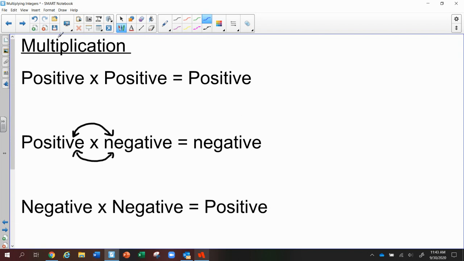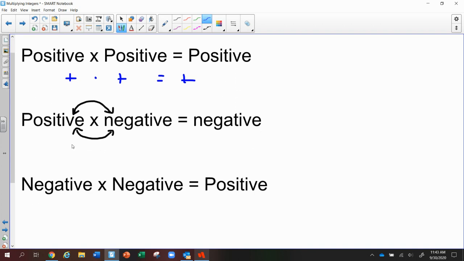So our multiplication rules are right here. Positive times a positive is going to equal positive. So we should have that remembered and written down, equals positive. A positive times a negative or a negative times a positive, like I said, remember, the order does not matter. They're interchangeable.